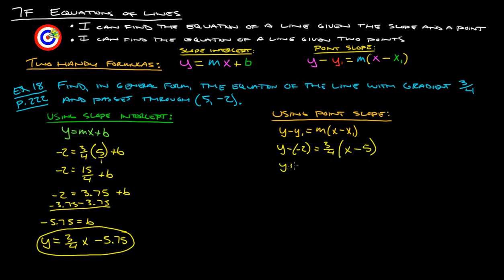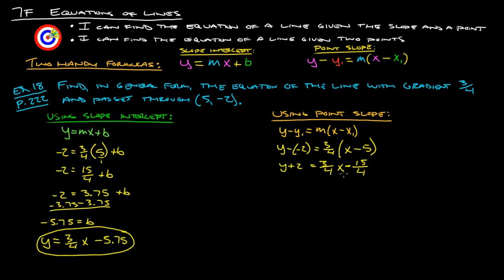So that's over here just y plus 2 equals, distribute the 3/4 through, and we get 3/4 x, and then 3/4 times -5, which is just like what we did over here, is 15/4. And again, since it's a negative, we put minus 15/4.